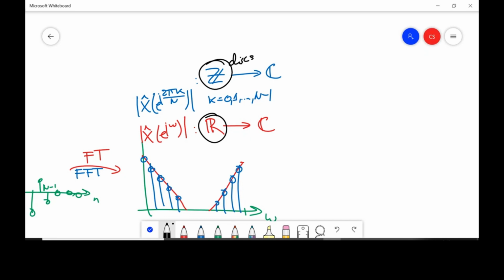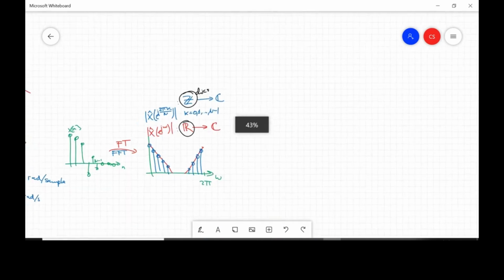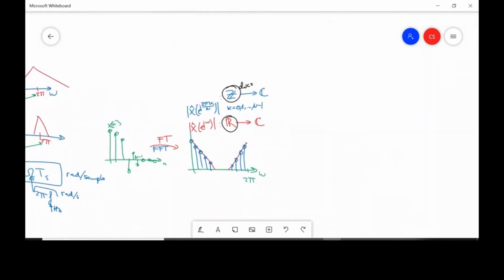The fast Fourier transform is discrete. The continuous Fourier transform is continuous. That goes to the point that this fast Fourier transform is the one that we were seeing before.